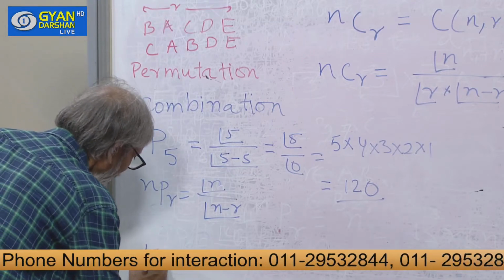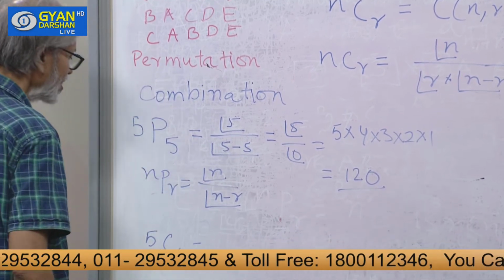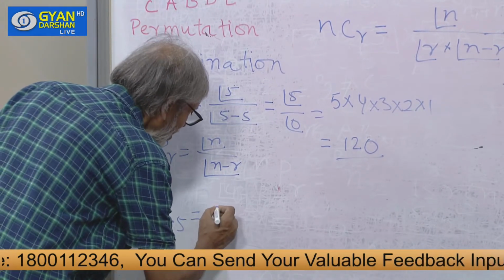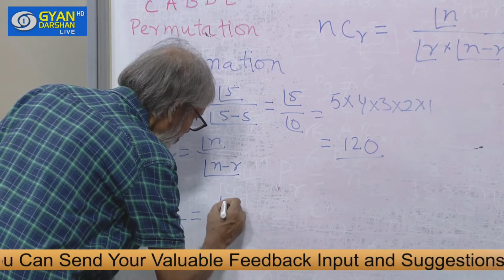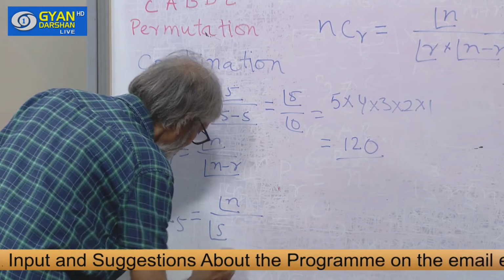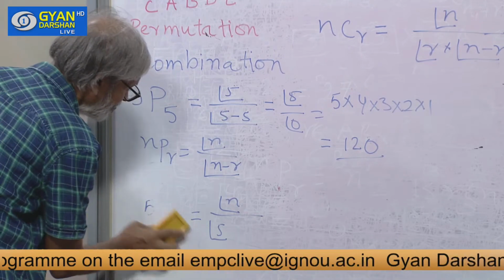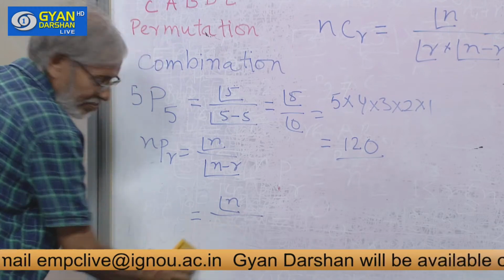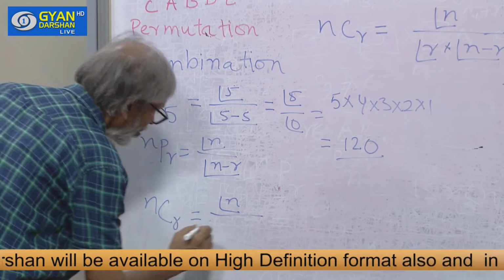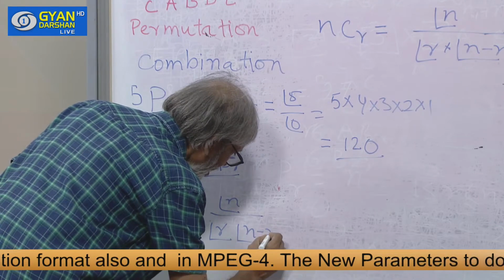If I take 5C5, combination or grouping of 5 things taking 5 at a time, let me first write the formula. nCr is factorial n divided by factorial r into factorial n minus r.